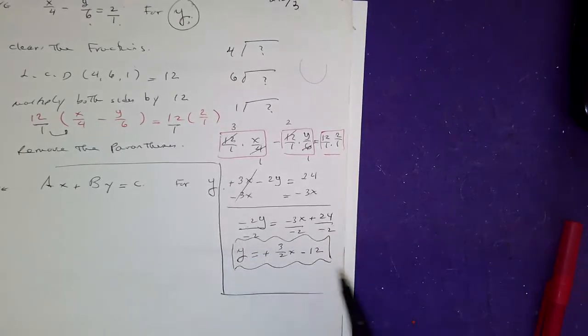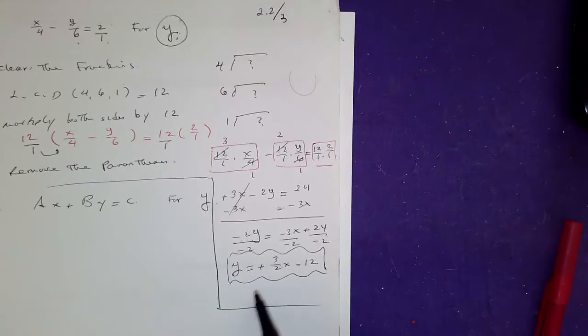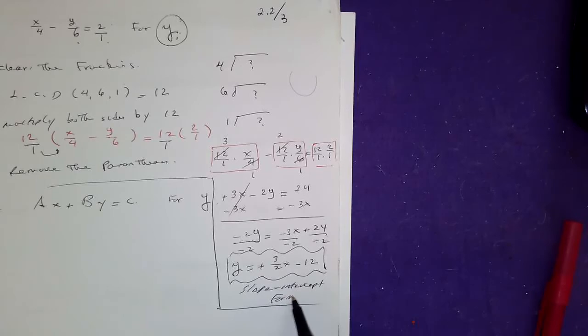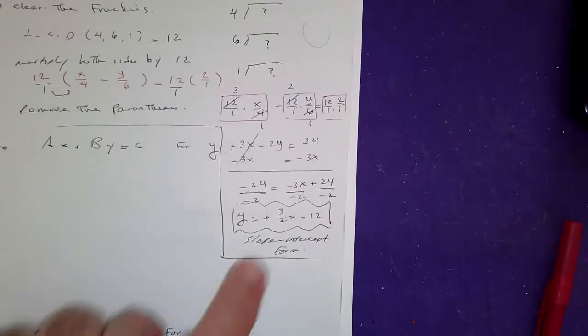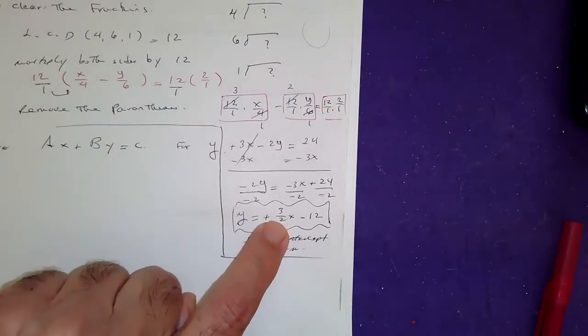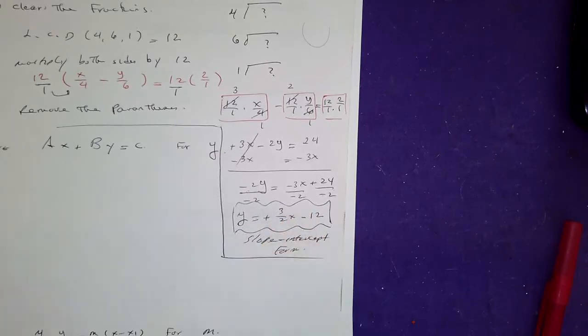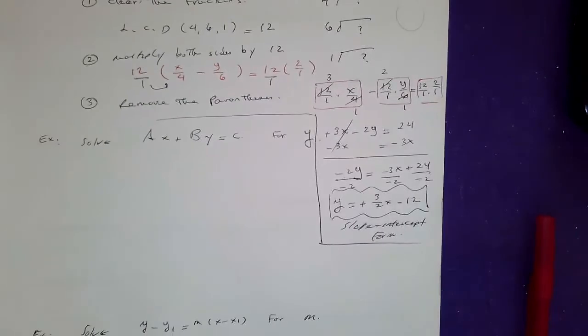In chapter 3, this is called what? Slope-intercept form of equation of a line. So it turns out 3/2 is the slope, how sharp the line is, and negative 12 is where the line intersects the y-axis. So we'll see this in chapter 3.